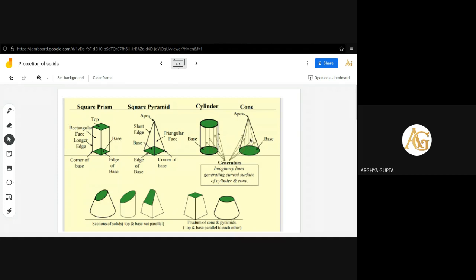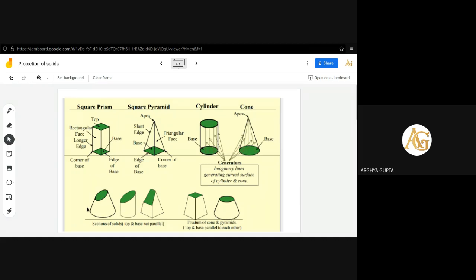For cylinder or cone, these are called generators. The number of slant edges is finite, but the number of generators is infinite. We cannot count them.